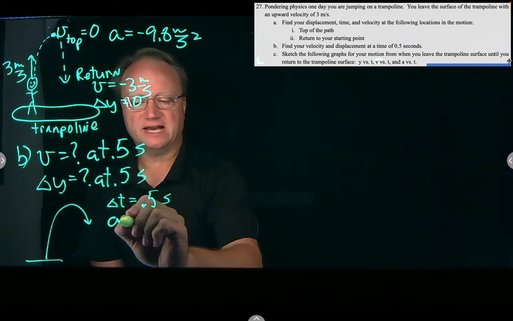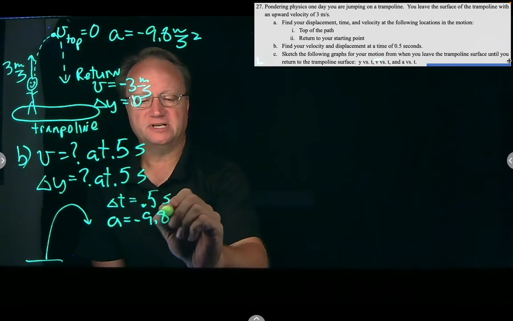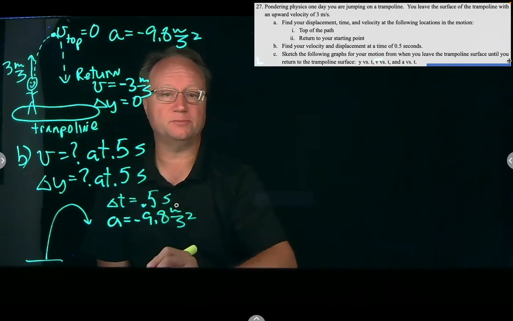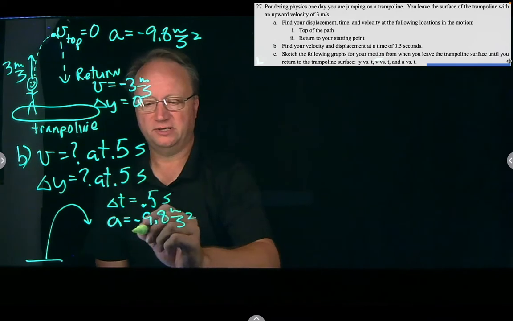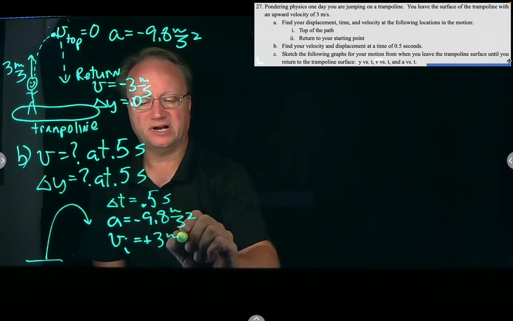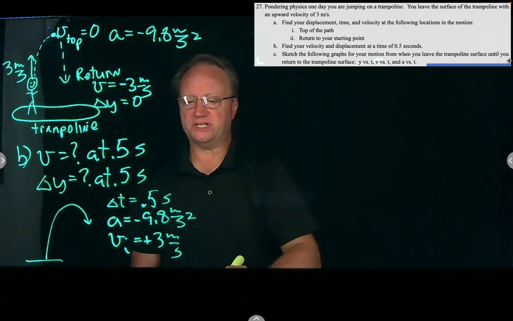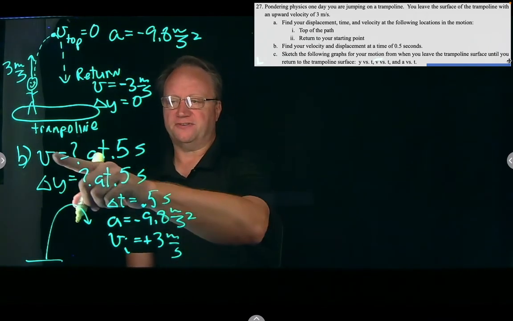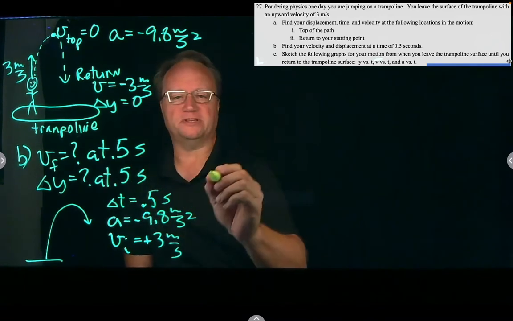We know that you are in free fall motion. Acceleration is a negative 9.8 meters per second squared. We know the initial velocity, positive 3 meters per second. Okay, so the velocity we want to calculate here would be the final.